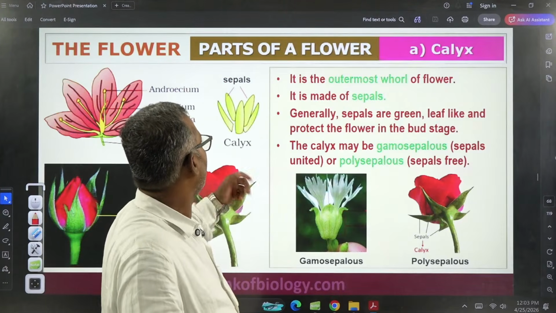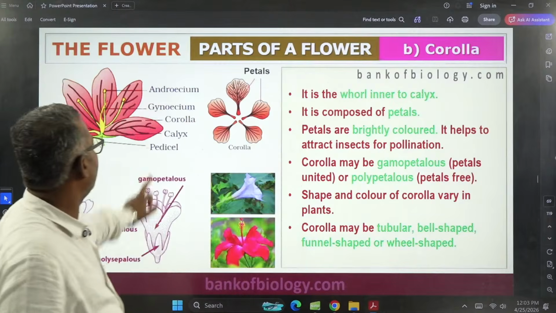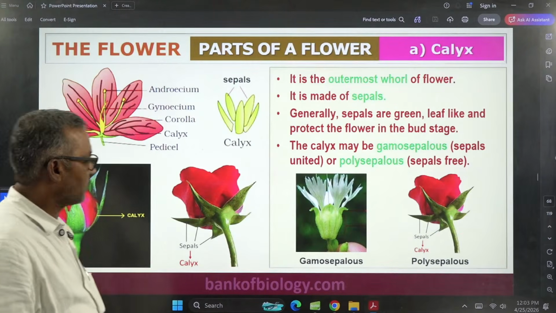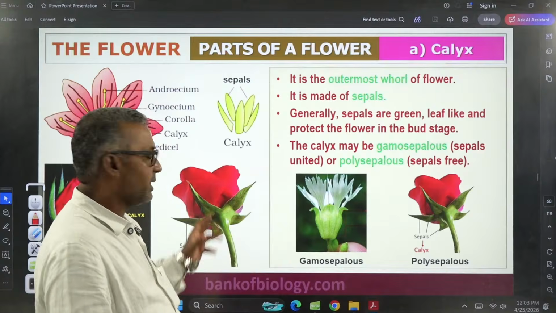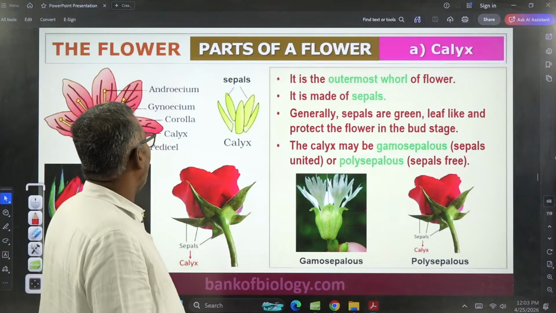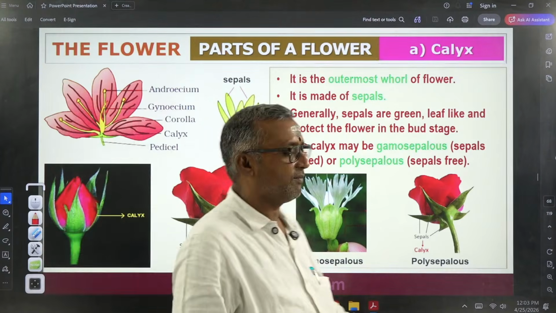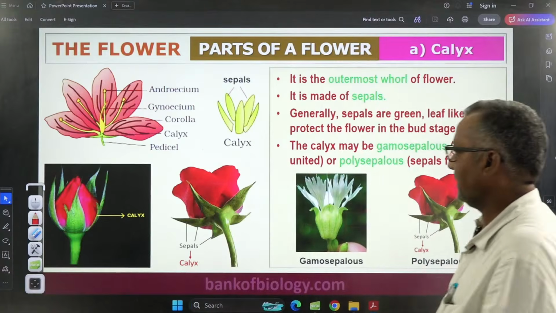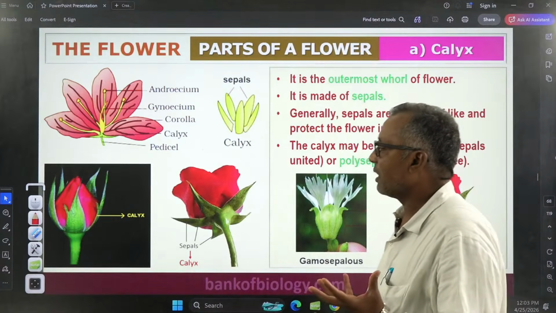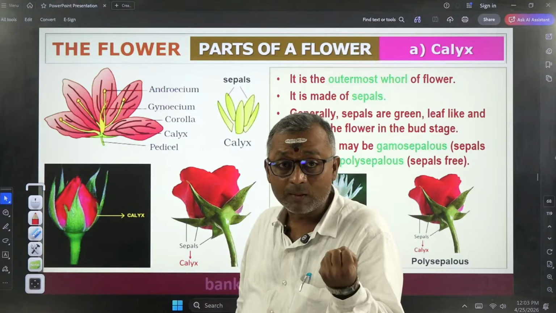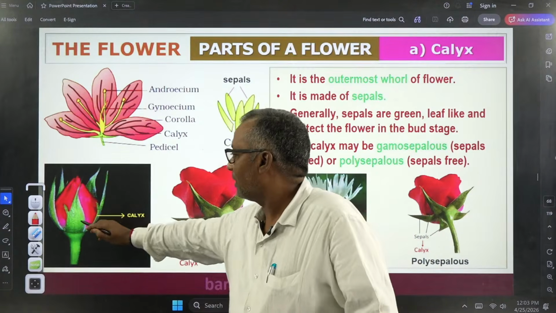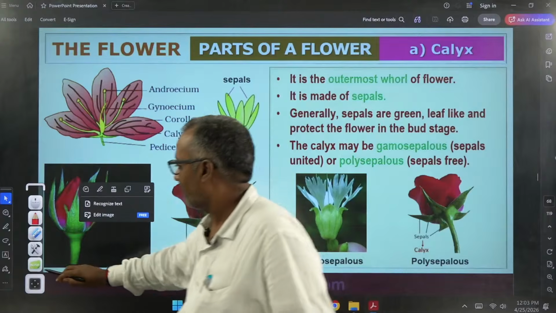Corolla is also the same, and of course there are so many variations you can find in calyx and corolla. Remember, in some cases all the sepals present in a flower are free from each other. Look at here, they are very free from each other.